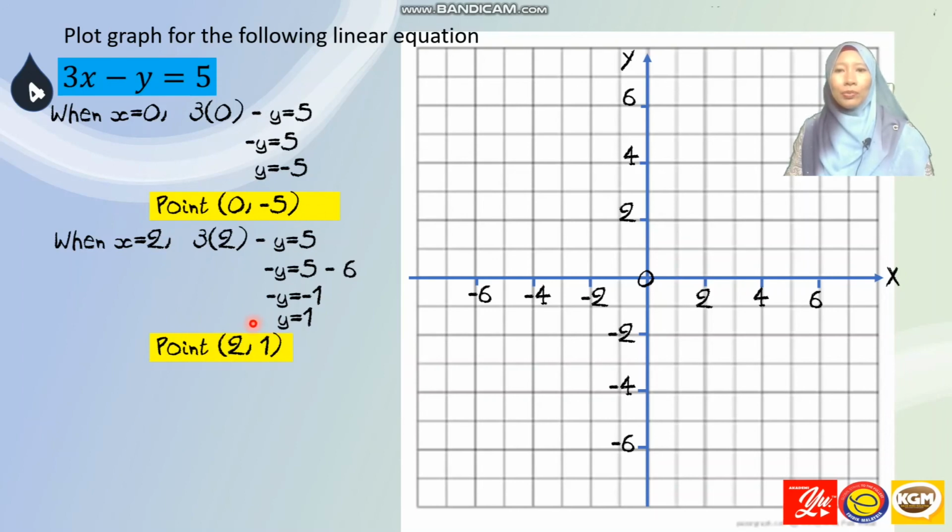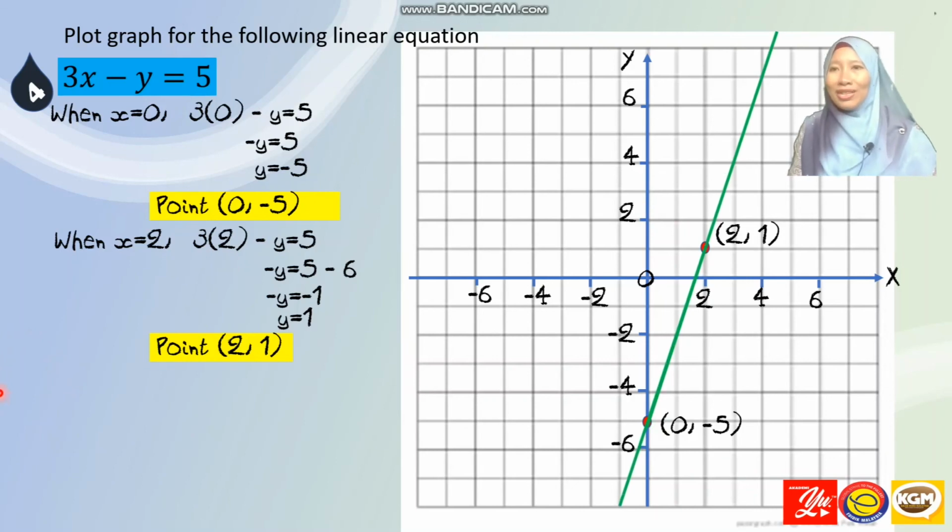So these 2 points we are going to plot here on the graph. The first one is 0, negative 5, and the second one is 2, 1. So join the points and you may prolong the line. Yeah, we have finished plotting the linear graph equation.